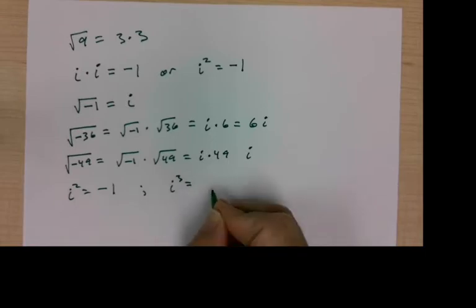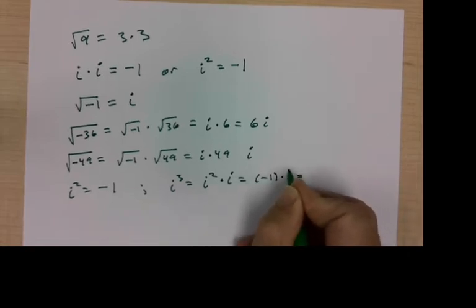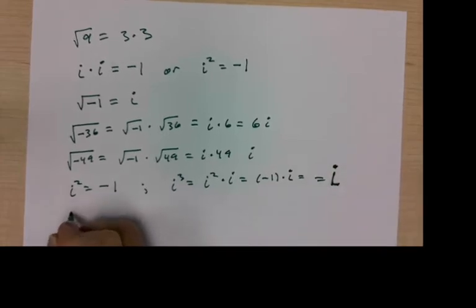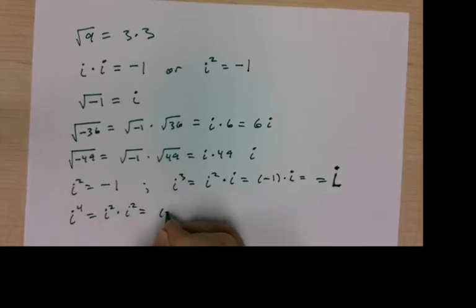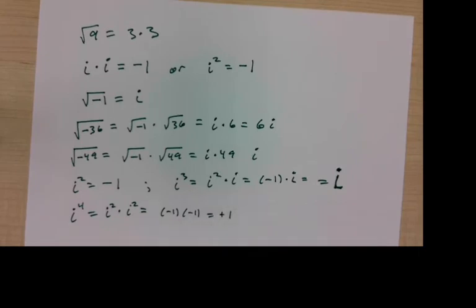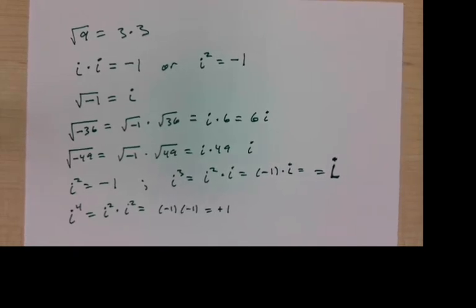Well, i cubed is i times i times i, or i squared times i, which is -1 times i, which is -i. i to the 4th would be i squared times i squared, which is -1 times -1, which is +1. So that's nice to know: i to the 4th is +1, so if we have 4 i's, we can replace it with 1 to make our life a little simpler.